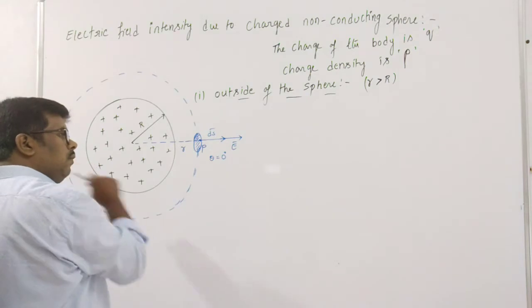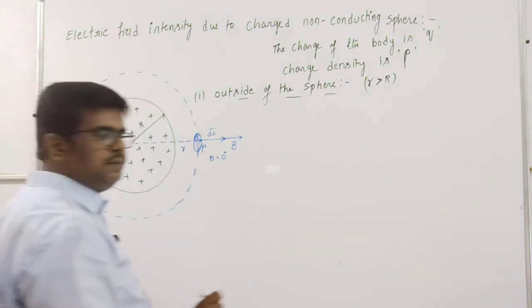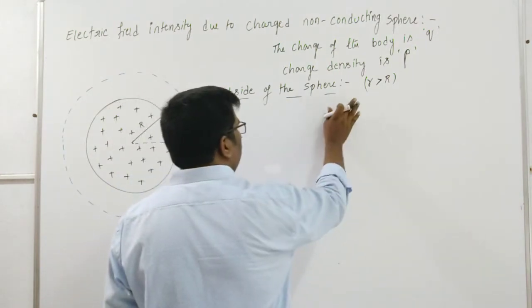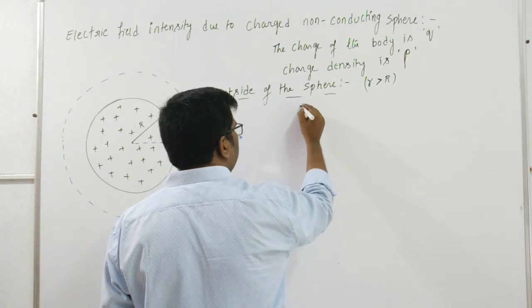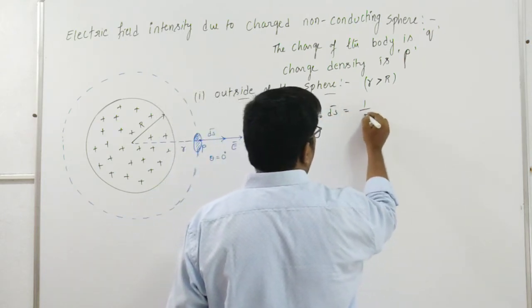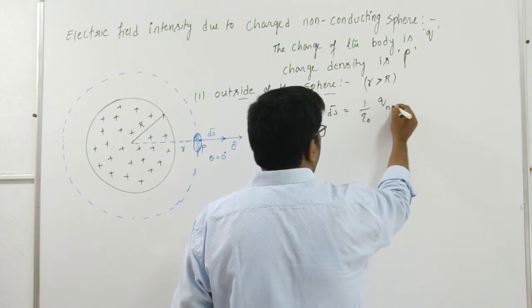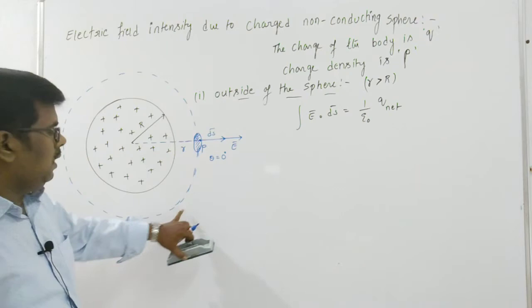Then we can find the electric field outside by using Gauss law. According to Gauss law, integral E bar dot ds bar equals 1 by epsilon naught times the net charge enclosed by this Gaussian sphere.